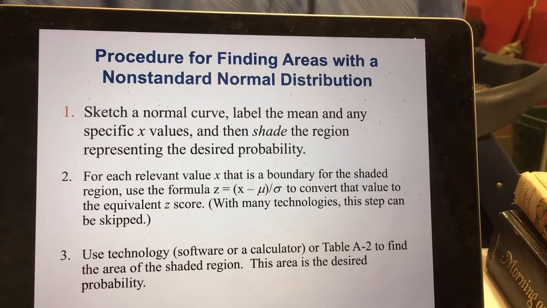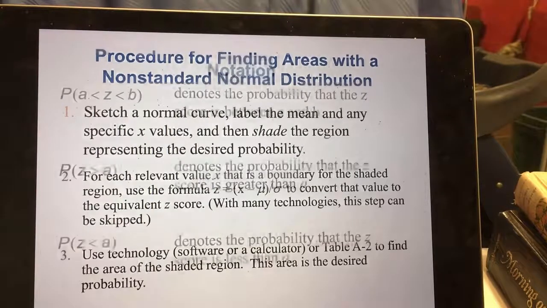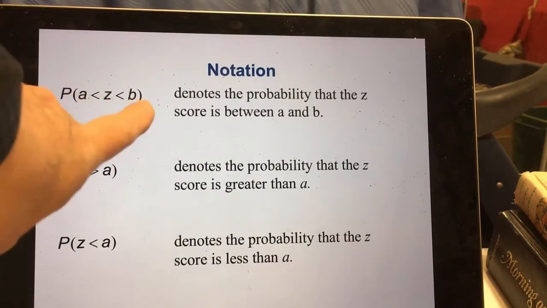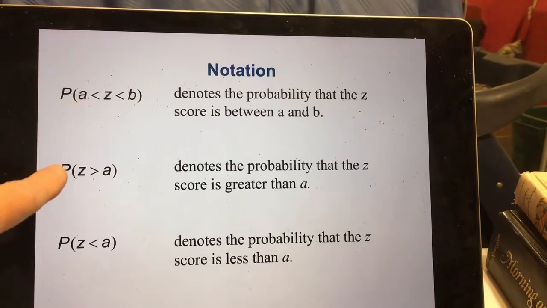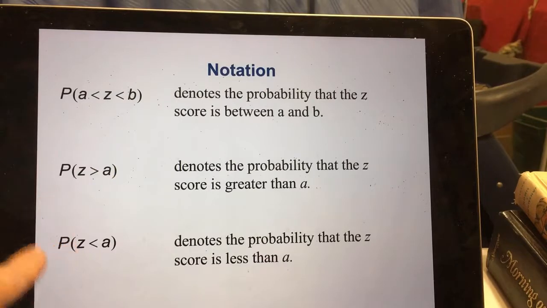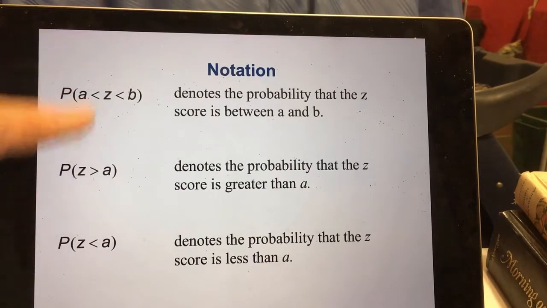Then we're going to use technology or our chart to find the area. We also need to note the notations here for the probability that it's between a and b, the probability that the z-score is greater than a value, and the probability that the z-score is less than a value.